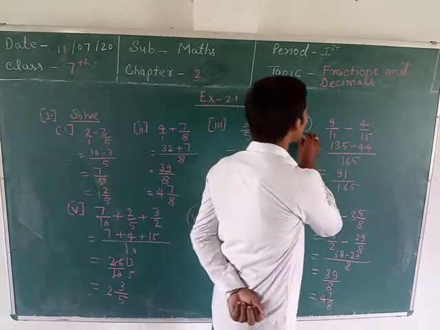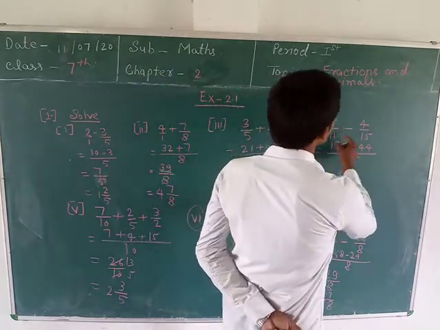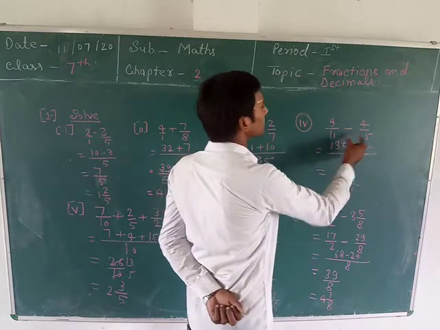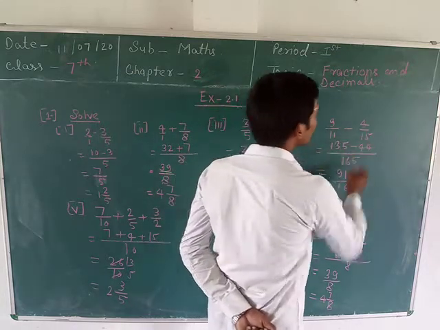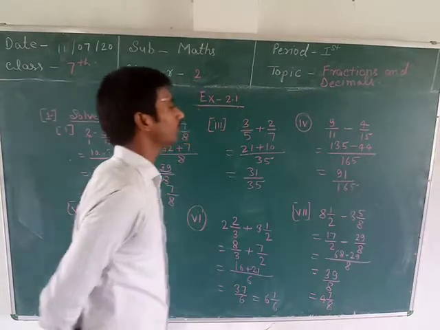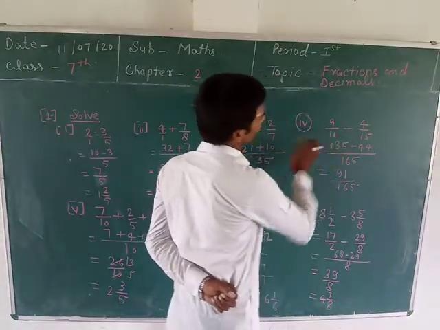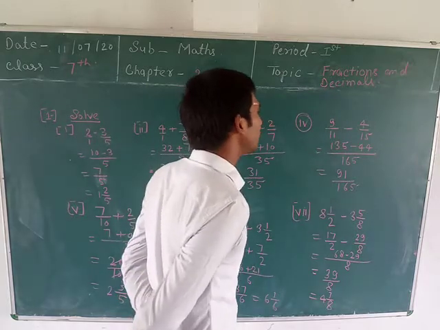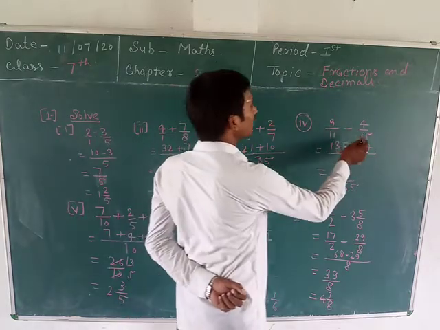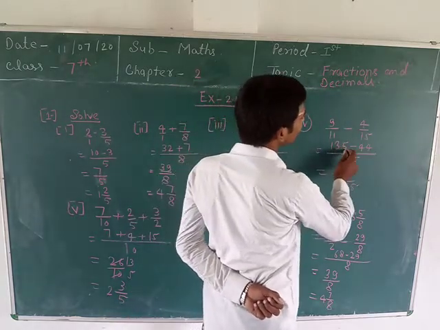Next, question number 4. 9 upon 11 minus 4 upon 15. Now LCM of 11 and 15 equal to 165. Now when we divide 165 by 11, we get 15, multiplied by 9, we get 135.